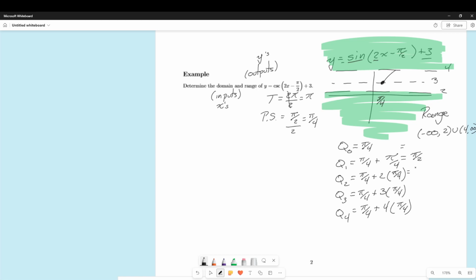And then add another pi over 4, we'll get to 3 pi over 4. 4 pi over 4, which is of course pi. And then add another pi over 4 is 5 pi over 4.